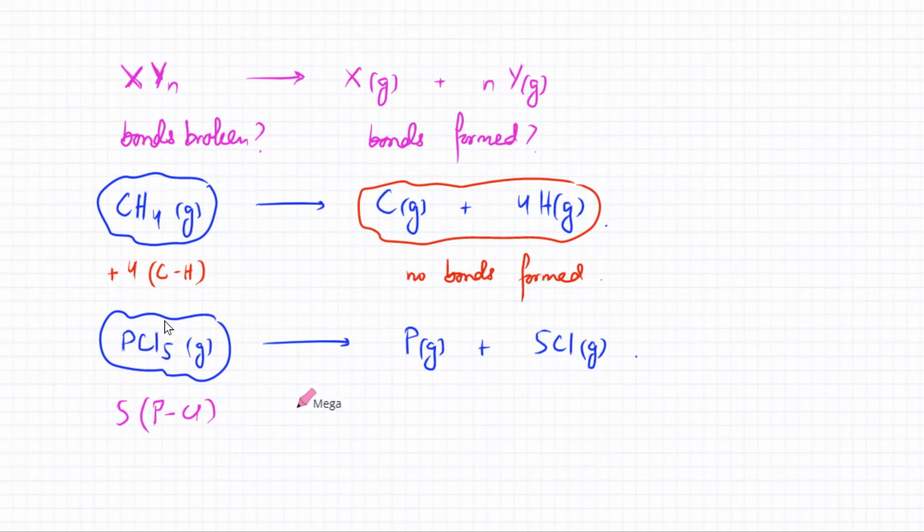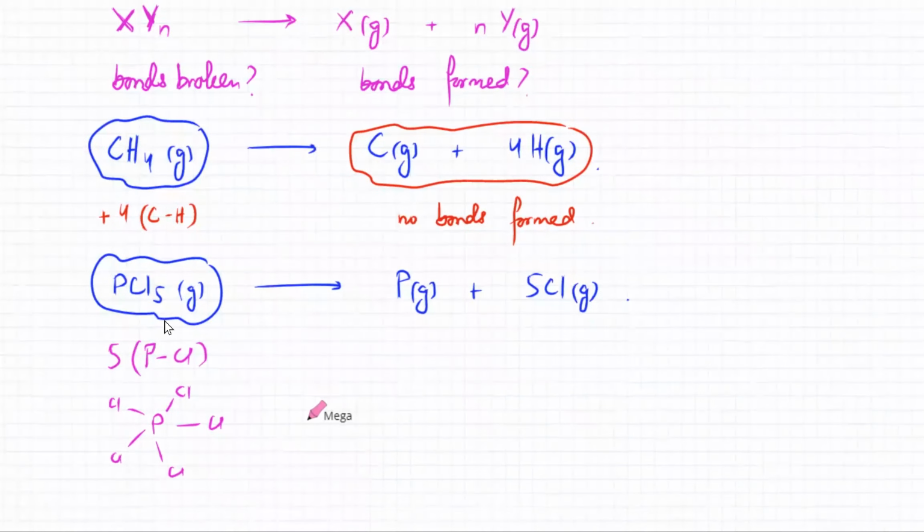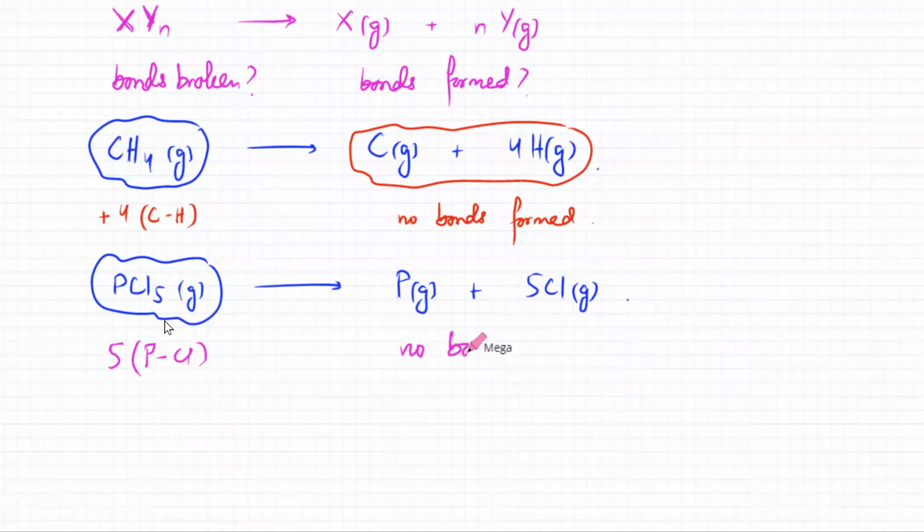Because it's a PCl5 molecule, that means 1 phosphorus is attached to 5 Cl atoms. So I would be breaking 5 of the PCl bonds. And how many bonds am I forming? I'm not forming any bonds. They're all just atoms, so no bonds are formed.